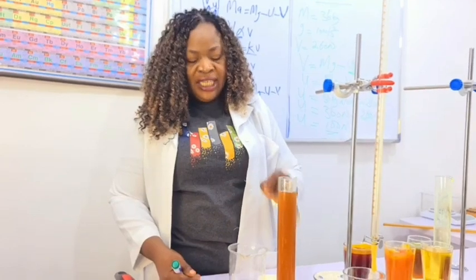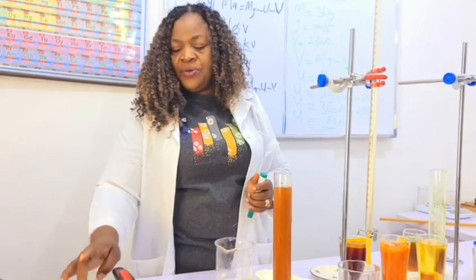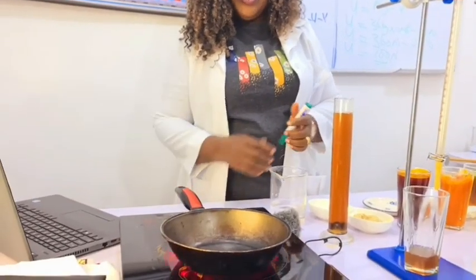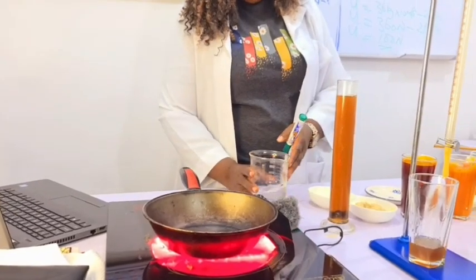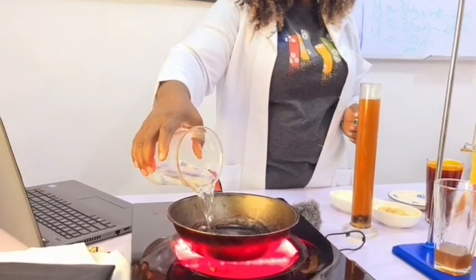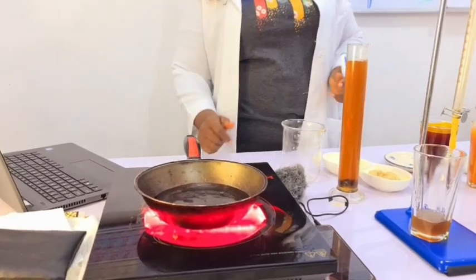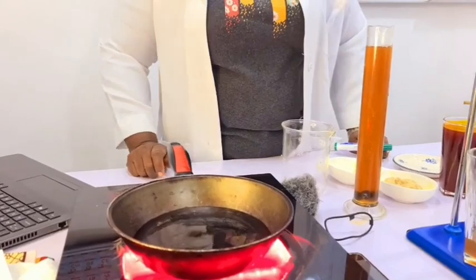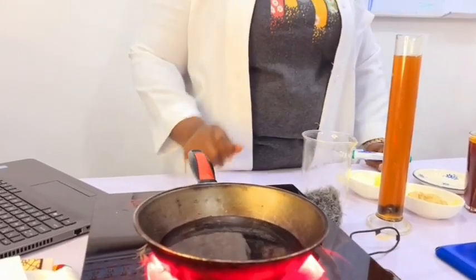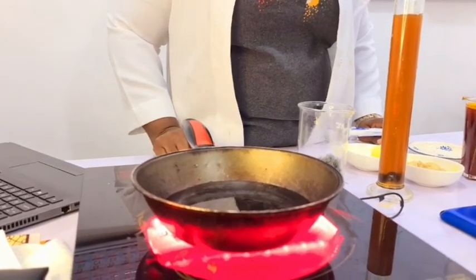When there is change in temperature, look at water. Let's use water. If we pour water here, we are changing the temperature of this water. We want the temperature to change by heating it up. We are increasing the temperature.